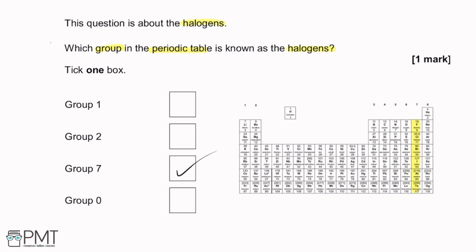Now, group 1 is the alkali metals. Group 0 are the noble gases. And we don't really cover much about group 2 at GCSE. So that leaves group 7.